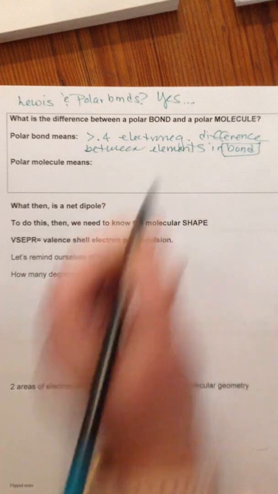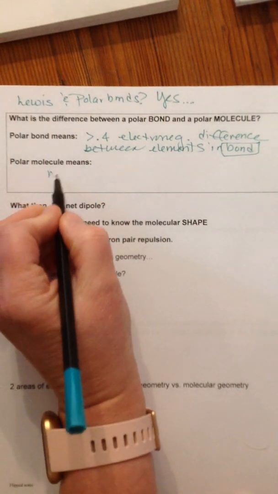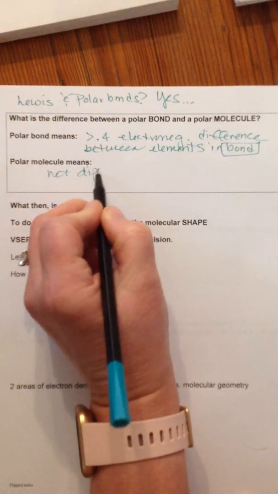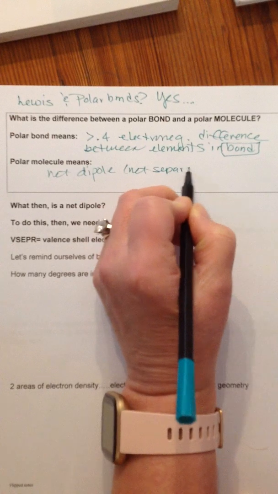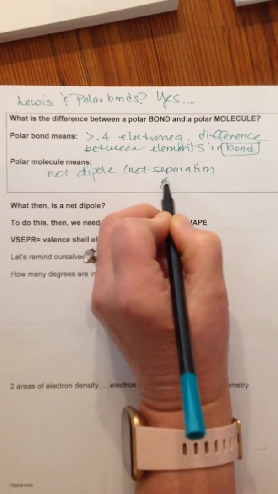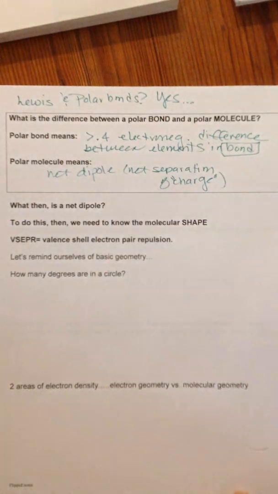Just the bond, okay? Polar molecule means there is a net dipole or a net separation of charge. And by charge, I mean polarity, because we're not talking about ionic bonds here. So the question then is, what is a net dipole?